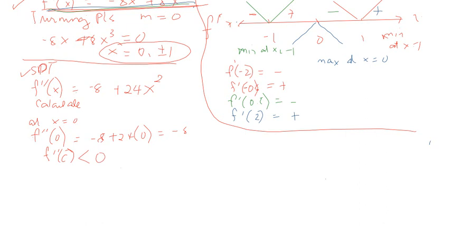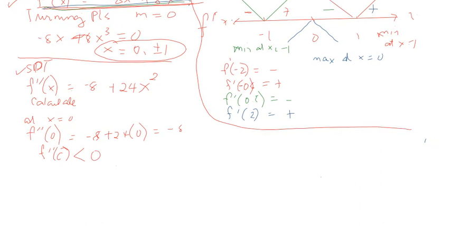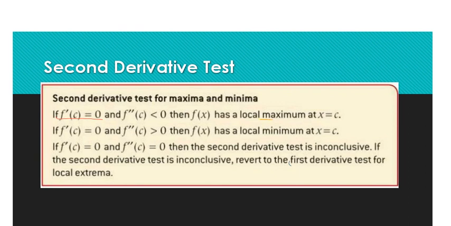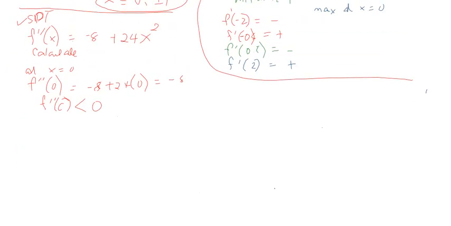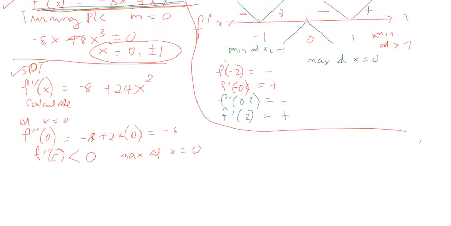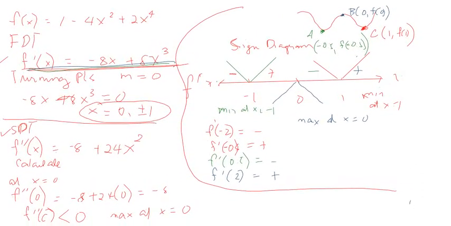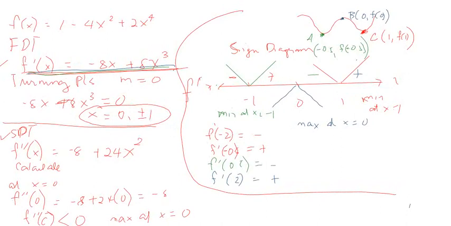And the way it is defined here, if our second derivative is less than 0, then we have a maximum at that point. So that means we have a maximum at x equals 0. And that can be verified by the drawing we have here. Our maximum is at point B, the point where x equals 0.